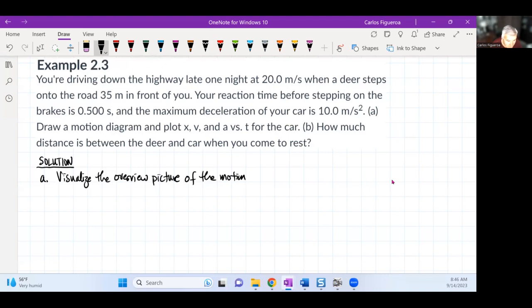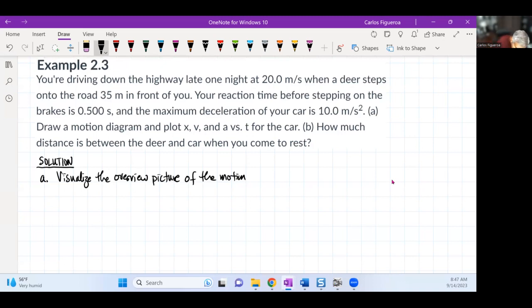When a deer steps into the road 35 meters in front of you, your reaction time before stepping on the brakes is half a second. So what does that mean? During your reaction time, you are moving at constant velocity.